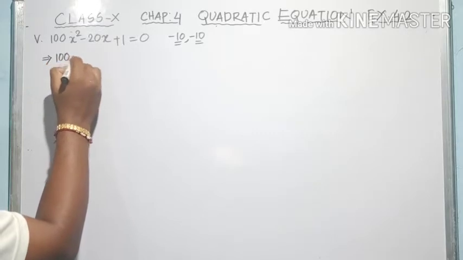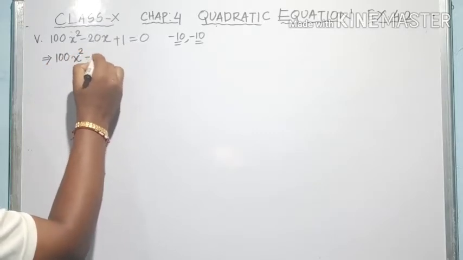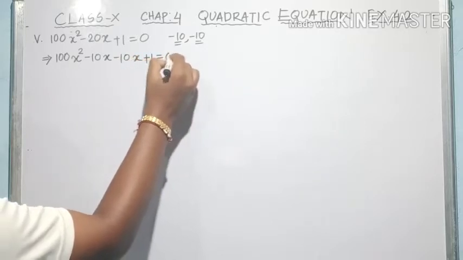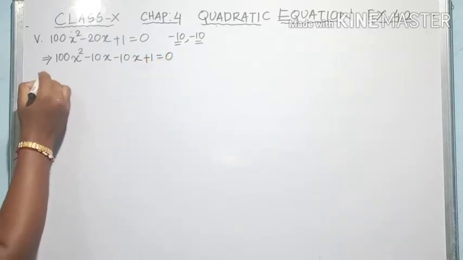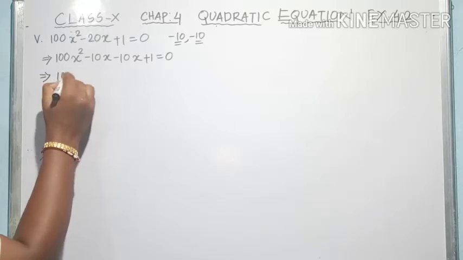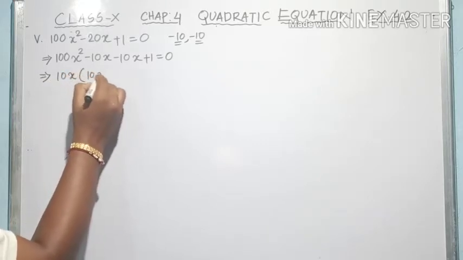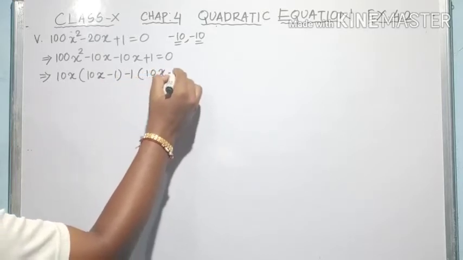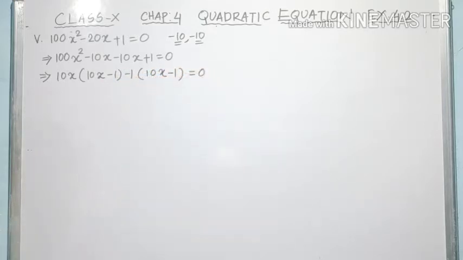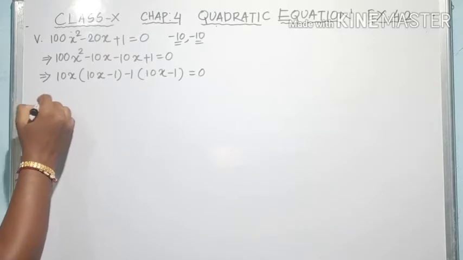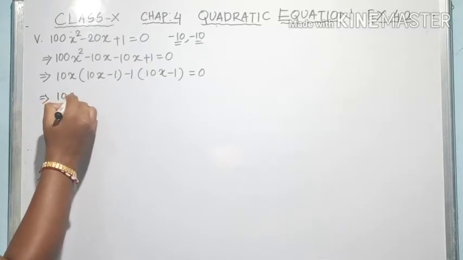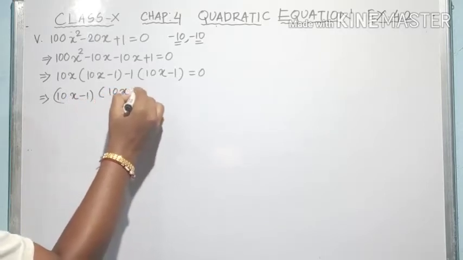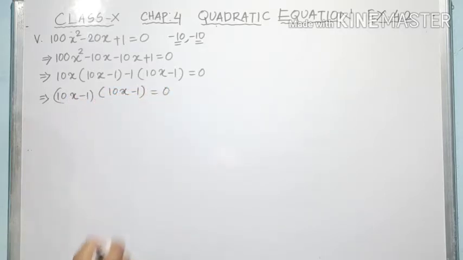So 100x square on factorizing, 100x square minus 10x minus 10x plus 1 is equal to 0. Taking 10x common, here will be 10x minus 1. On taking minus 1 common, here will be 10x minus 1 is equal to 0. Implies that 10x minus 1 whole into 10x minus 1 is equal to 0.